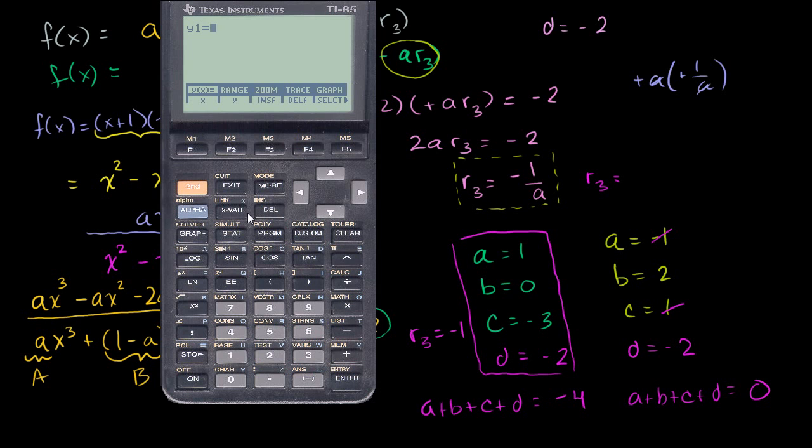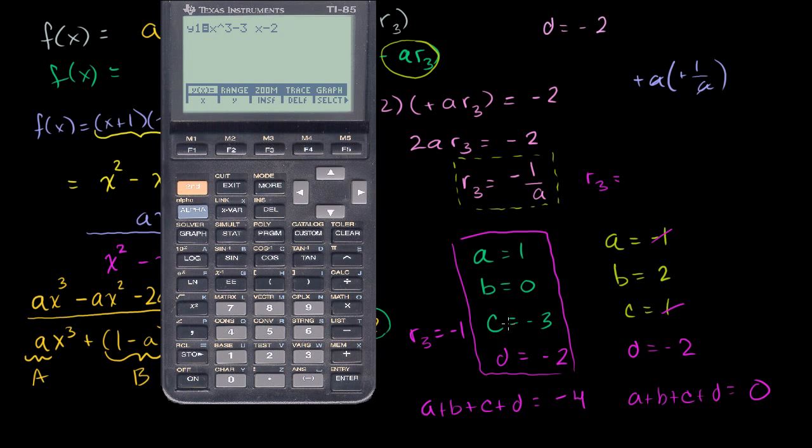When a is equal to 1, our equation is x to the third, there's no x squared term, minus 3x, minus 2. So let's graph both of them simultaneously.